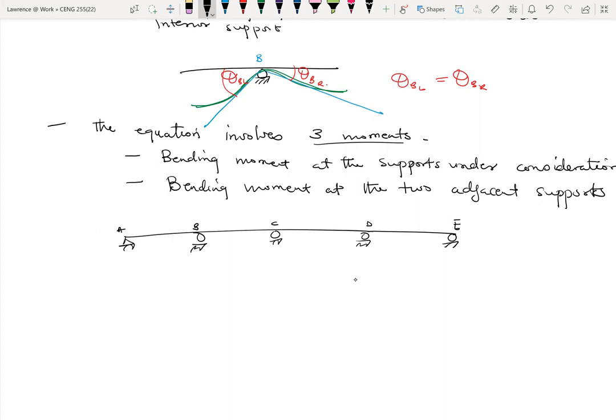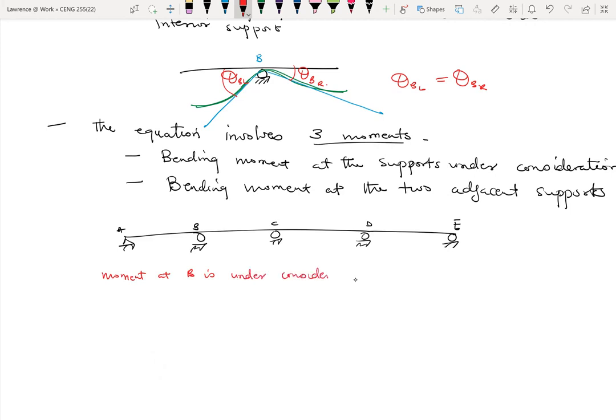So for example, if I'm considering B, the moment at B is under consideration.